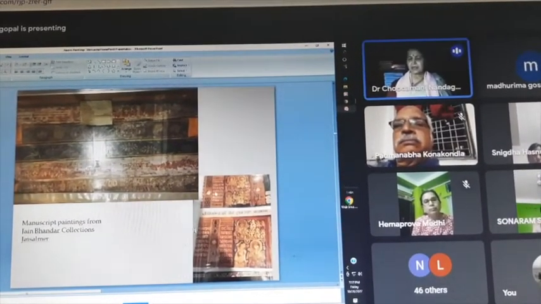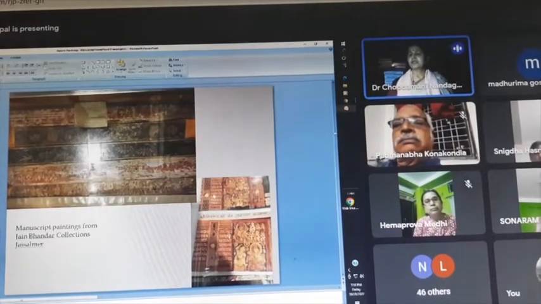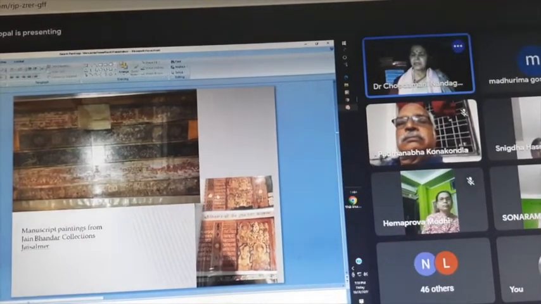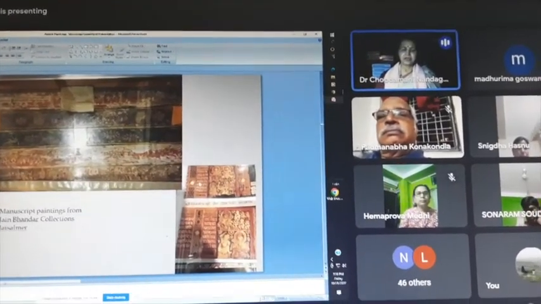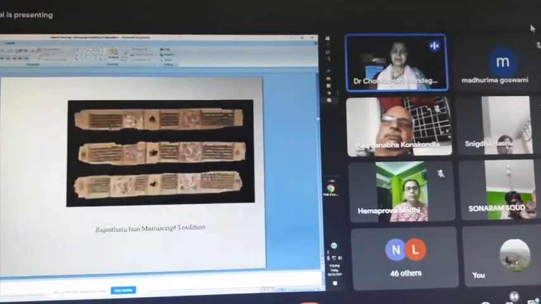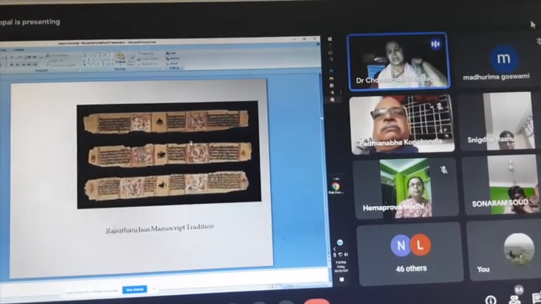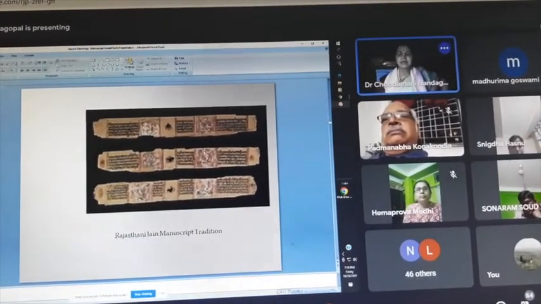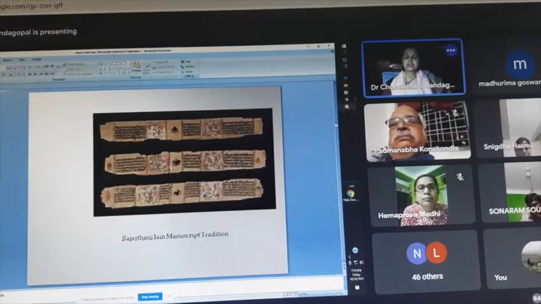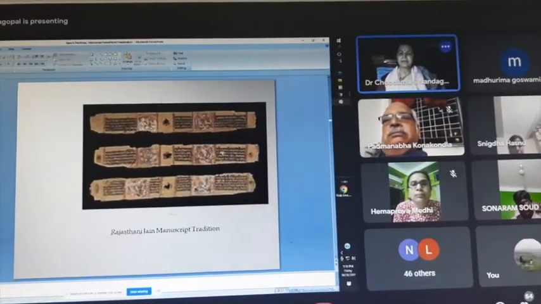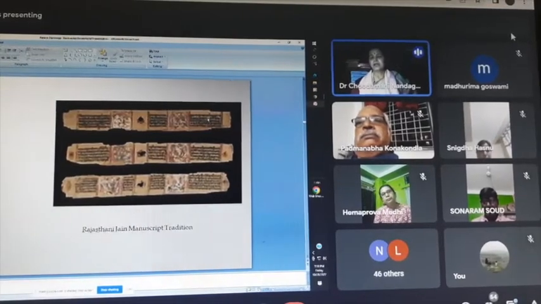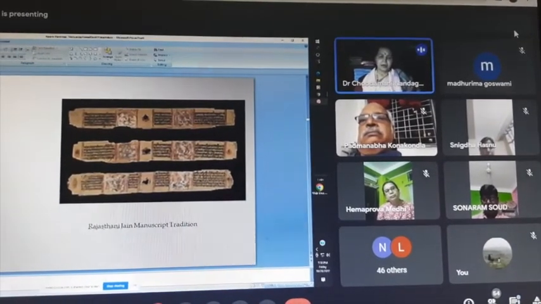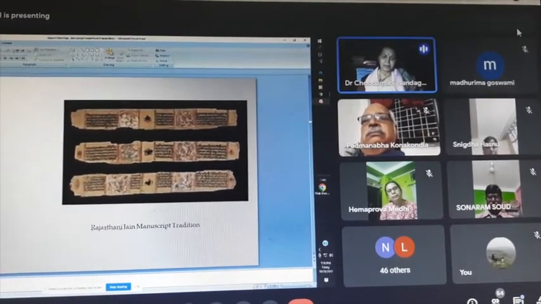The script is placed vertically, and more importance is given to the painting, the figurative painting. This is a Rajasthani Jain manuscript tradition. They have used the painting in the center, and made three divisions or units for writing the script.